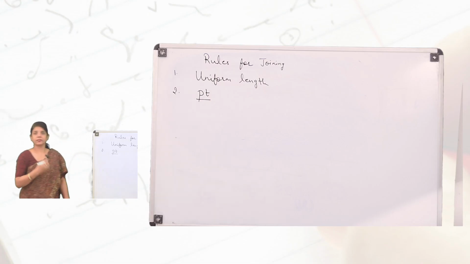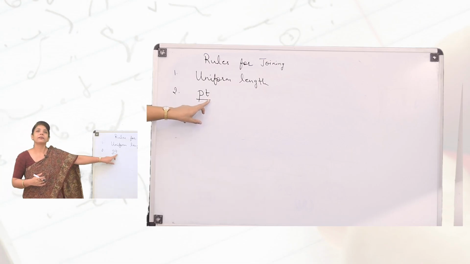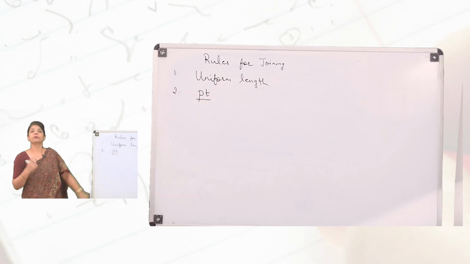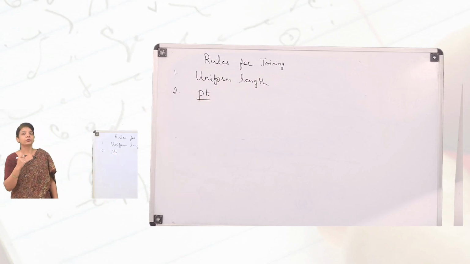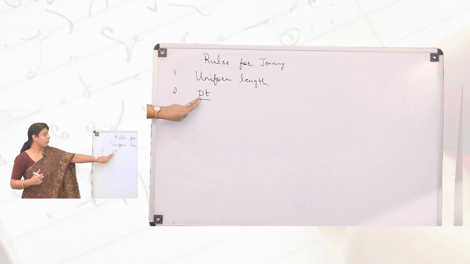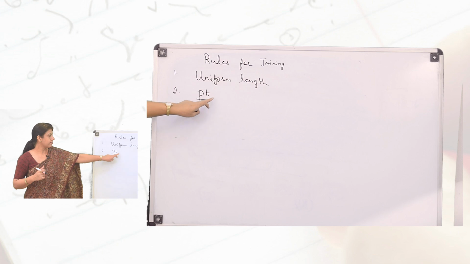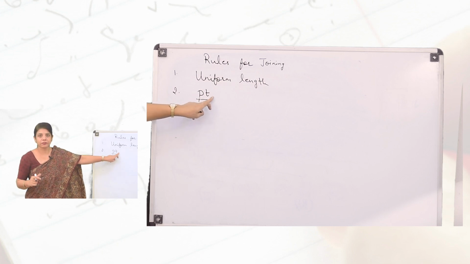Suppose these are 2 consonants we have just learnt, P and T. If I have to join them, I should keep in mind the rule which I have just told you, that wherever the first stroke ends, the second begins exactly from that point.